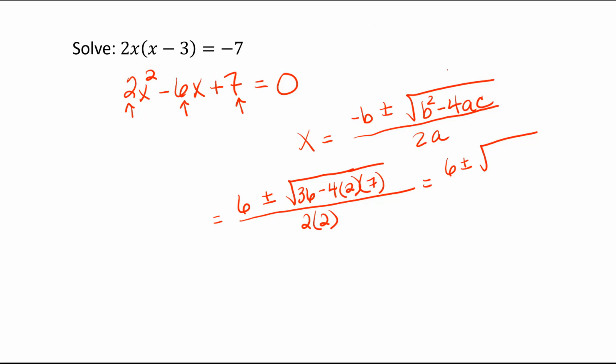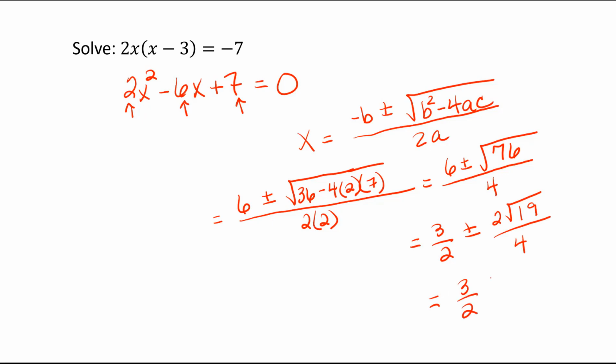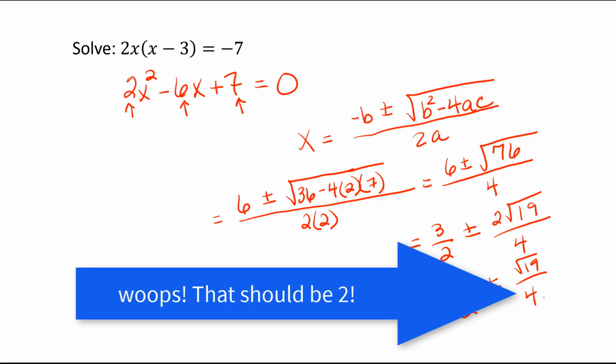That is 6 plus or minus the square root of 76 all over 4. So that is 3/2 plus or minus, and 76 has a 4 in it, so we'll take that out. That'll be 2 square root of 19 over 4. So the final solutions are 3/2 plus or minus the square root of 19 over 4. And I think we already did that problem and we got the same answer. So that is how you use the quadratic formula.